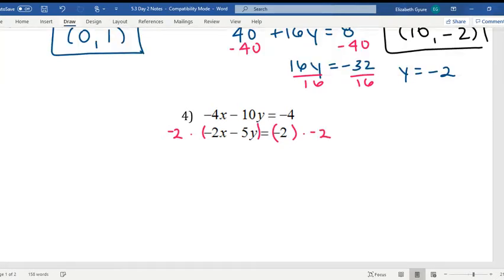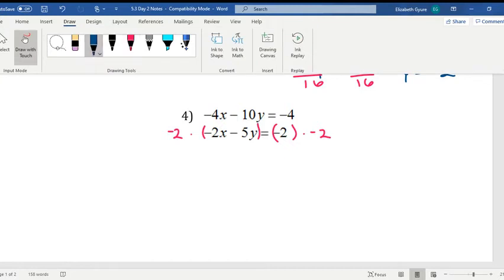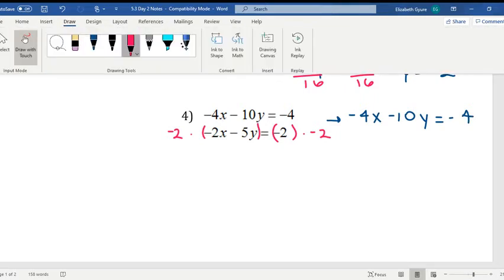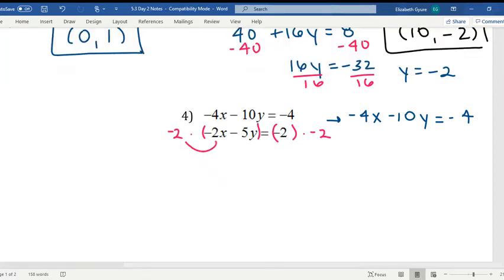All right. So I didn't have to do anything at all to my top equation. So I'm just going to rewrite that. That's negative 4x minus 10y equals negative 4. And then for my bottom equation, I'm multiplying everybody by negative 2. So if we have negative 2 times a negative 2x, a negative times a negative is a positive. So that'll give us positive 4x. Then we have negative 2 times negative 5y.